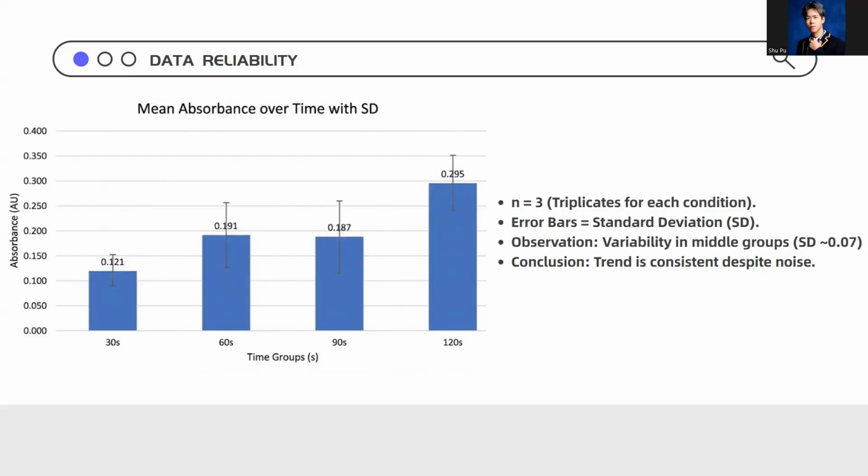This variability likely comes from human factors, like some slight delays in pipetting the stop solution. However, even with this noise, the overall trend is undeniable, right? The signal at 120 seconds is significantly higher than at 30 seconds. This confirms that our finding of high enzyme activity at pH around 7.4 is robust and reproducible.